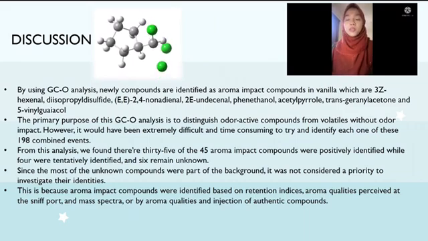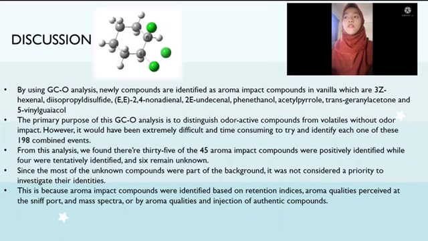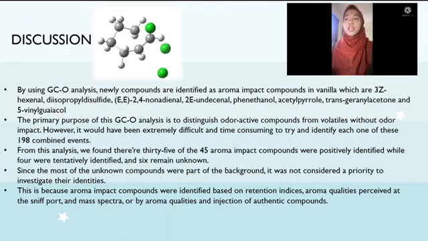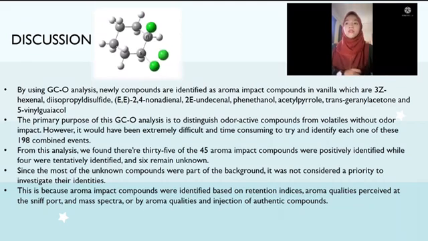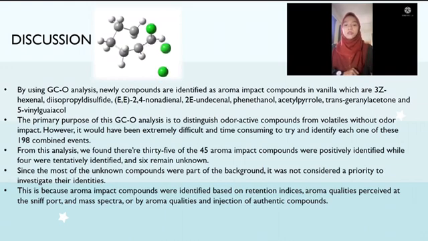The primary purpose of this analysis is to distinguish the objective compounds from the volatiles with no aroma impact. However, it would be extremely difficult and time-consuming to try to identify each one of these 198 combined events. From this analysis, we found that 35 of 45 aroma impact compounds were positively identified, while 4 were tentatively identified and 6 remain unknown.